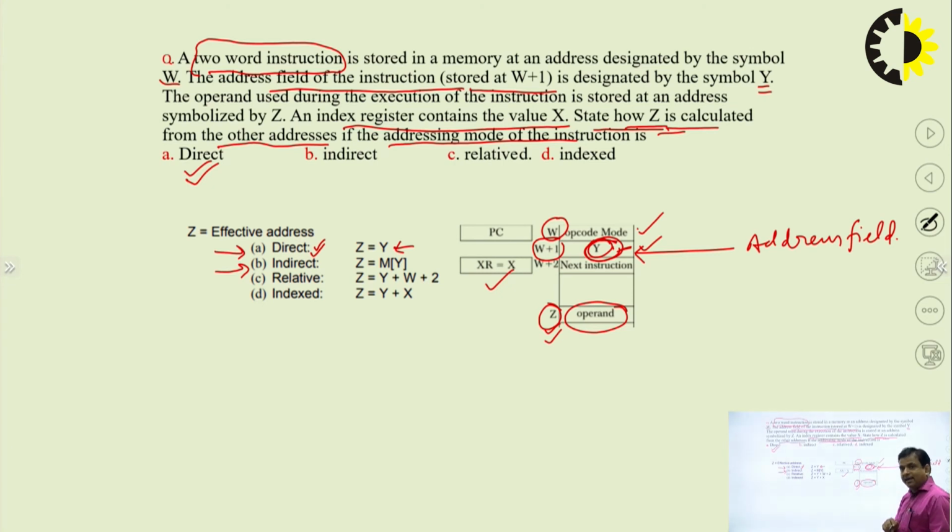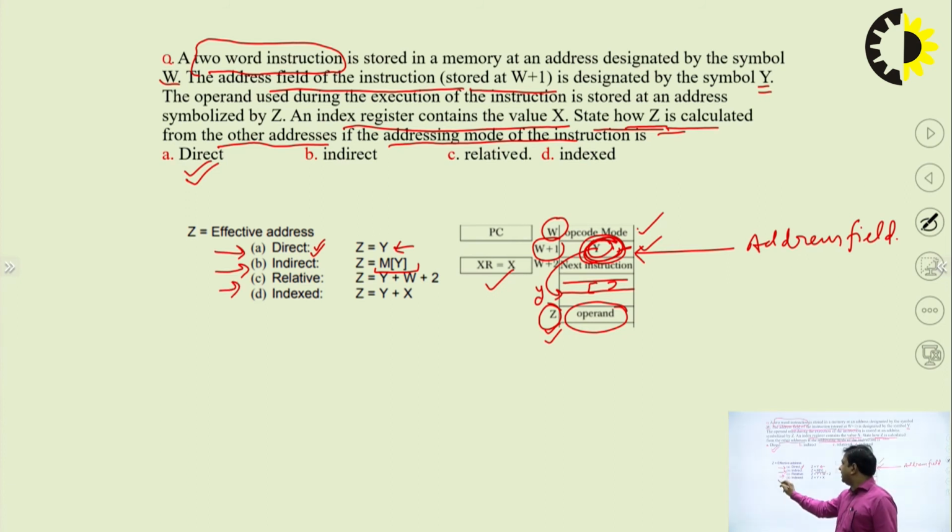Y is the address of a location, which is having the address of Z. That means the content at this location will be having the address of Z. So how will I represent it? The content at memory location Y, that is M[Y], right?